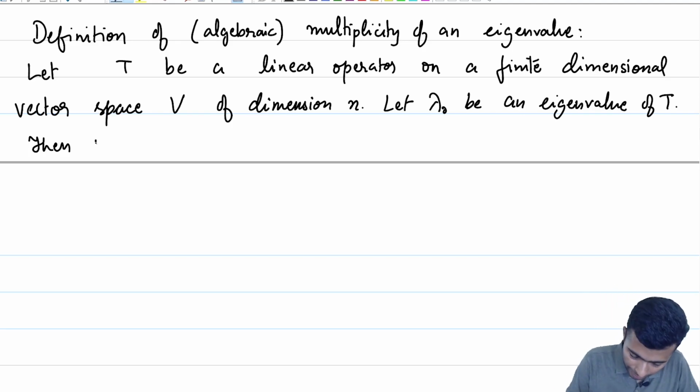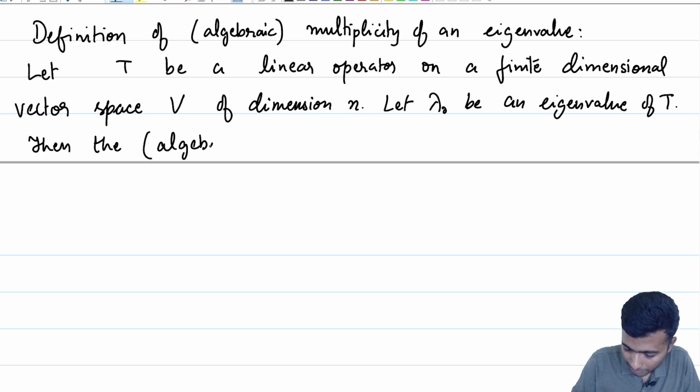So, let me define the multiplicity. It is also many times called the algebraic multiplicity.